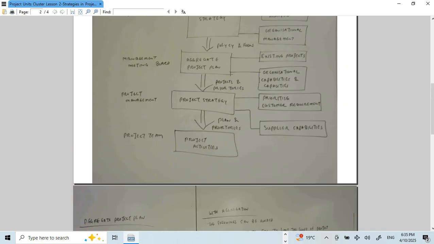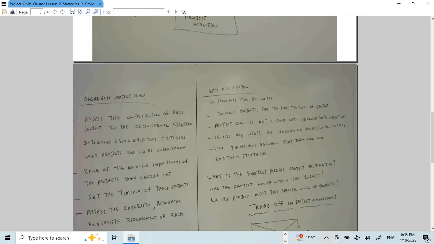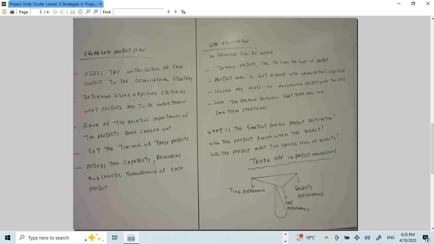Assets is the contribution of the project to the organizational strategy. So how much this project contributes to the organizational strategy also needs to be assessed: assess the contribution of each project to the organizational strategy.